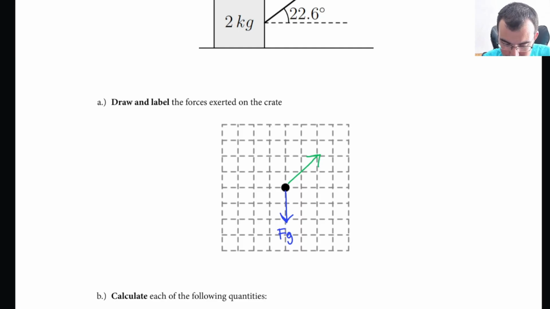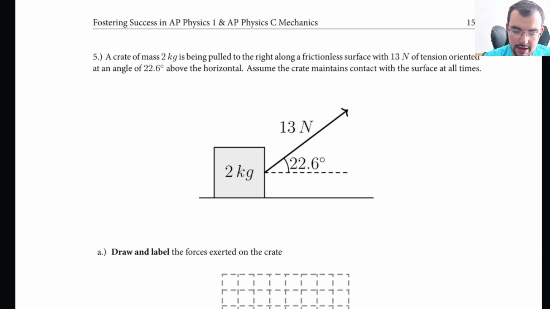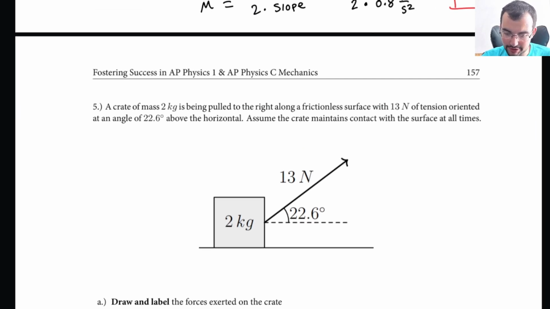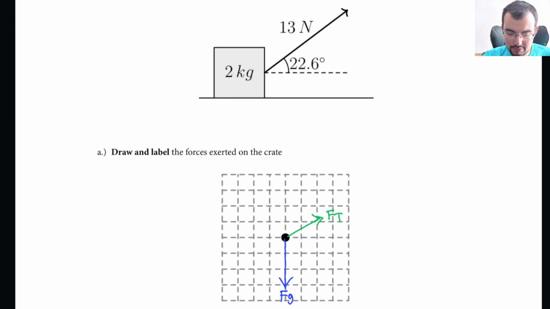Let's make FG longer so I can show the normal force better. That would be my FT. And then, yeah, this crate will accelerate horizontally. That is totally fine. We know there's going to be an unbalanced force pulling it to the right.